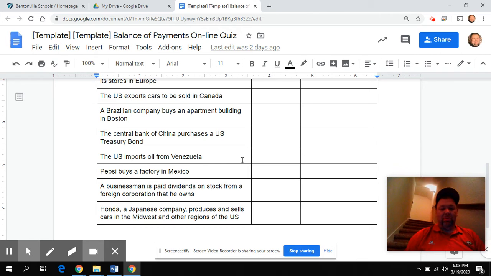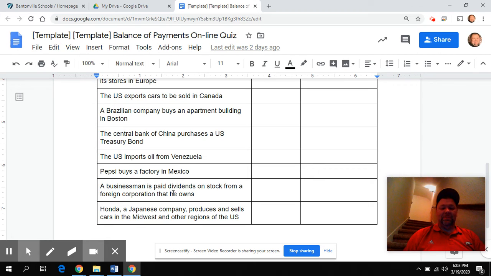The U.S. imports oil from Venezuela: debit, current account because it's importing oil. Pepsi buys a factory in Mexico: debit, financial account, because it's the initial purchase of the factory in Mexico.